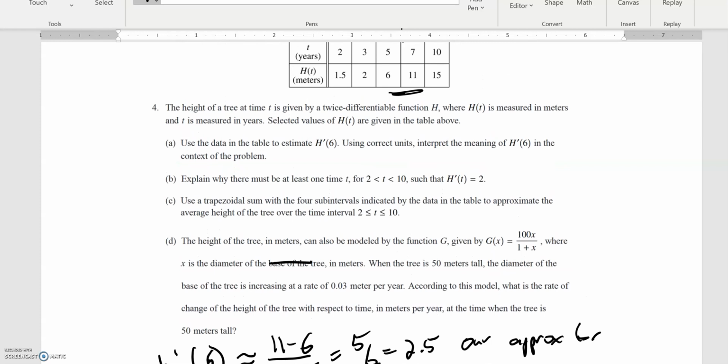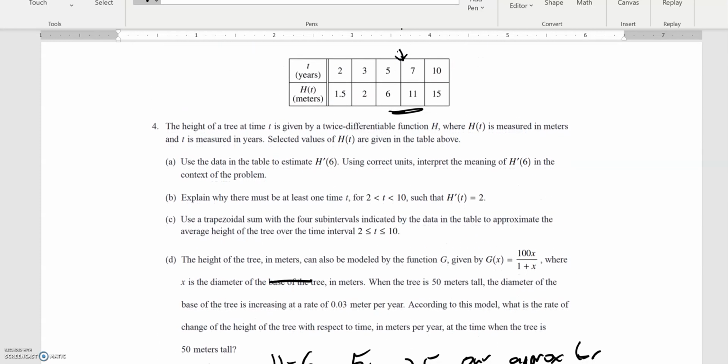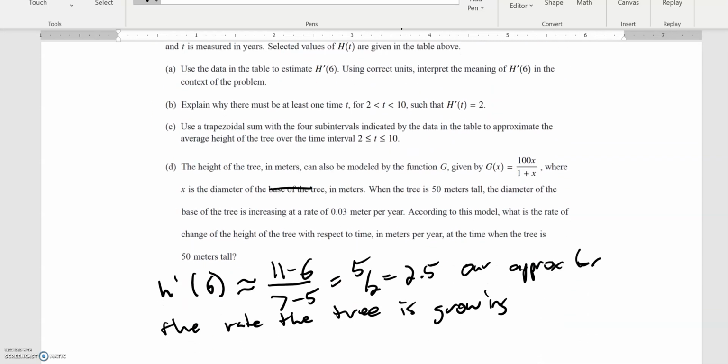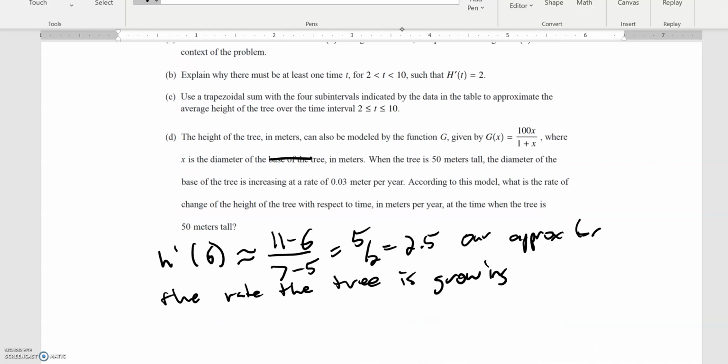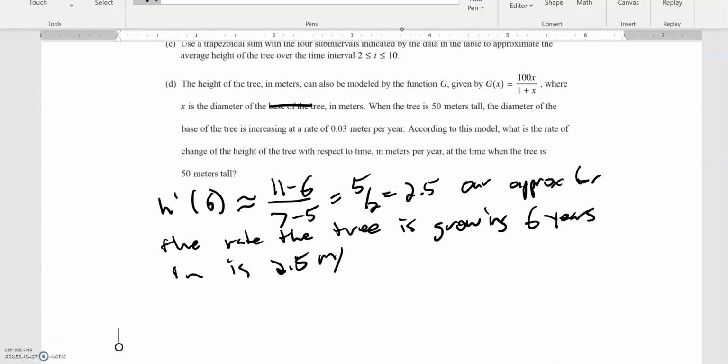Let's see, 6 stands for years. It doesn't say from when it was born, so I'm just going to say 6 years in is 2.5 meters per year.